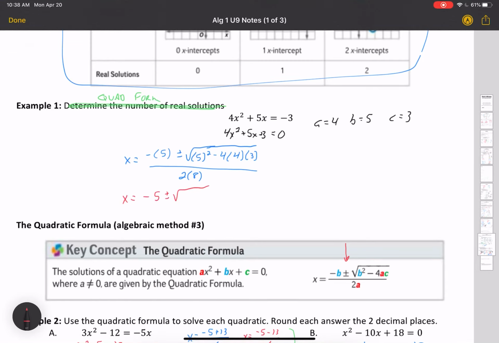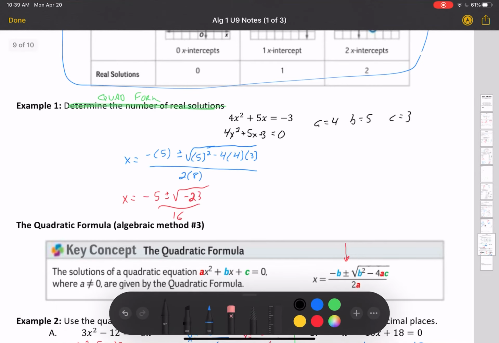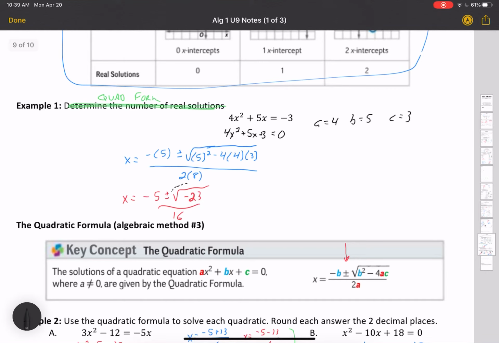Let's figure out what's going to be underneath the square root. So 5 squared minus 4, parentheses 4, parentheses 3. You're going to get -23 all over 16.